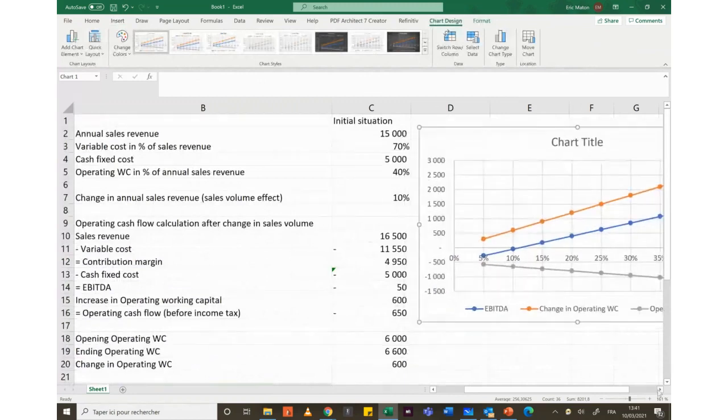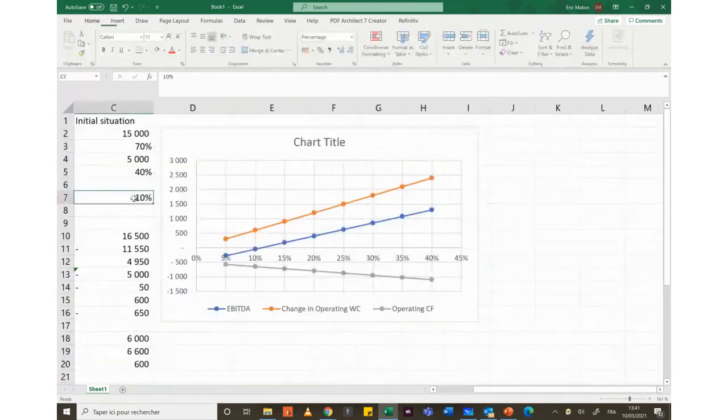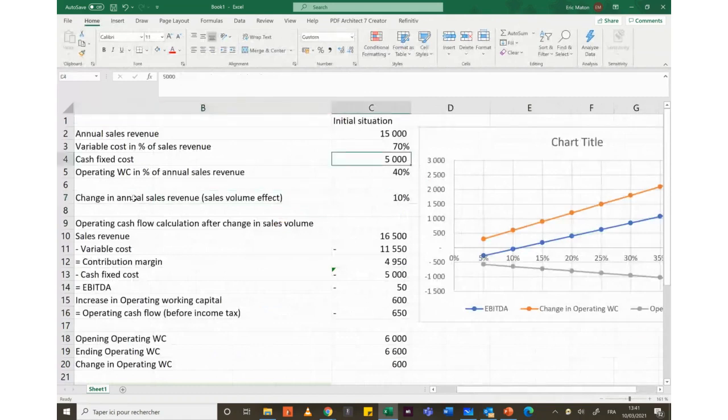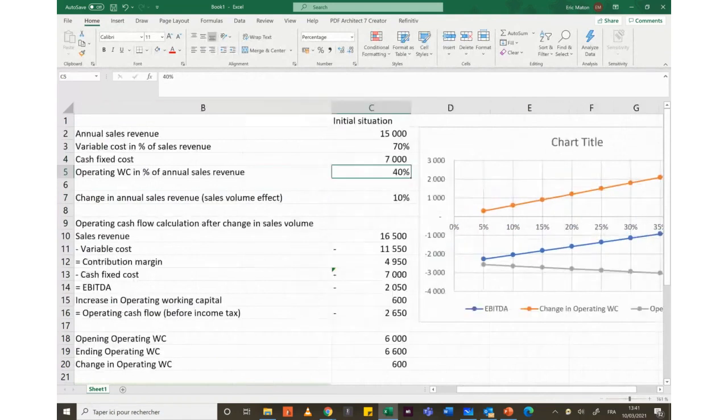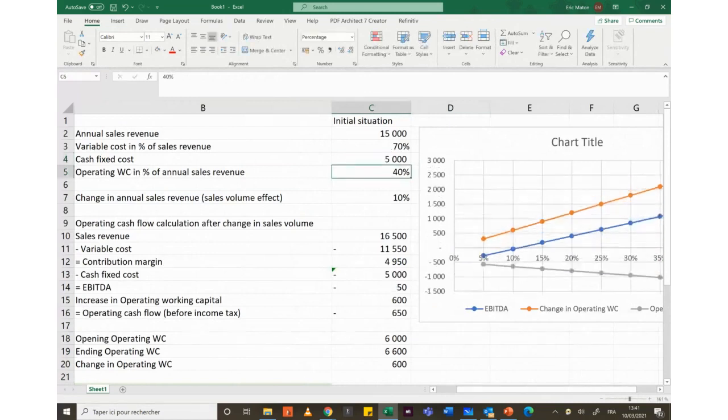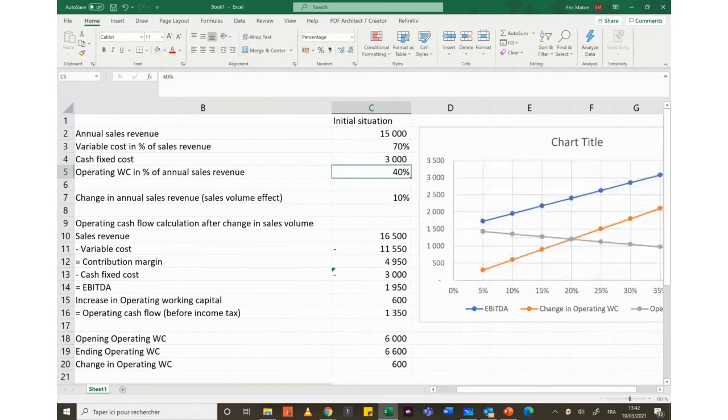So if I have, I will put more fixed cost. Here now it's this one. EBITDA is already negative. No, not from the beginning. So I put only 5,000. Okay, it's positive, and the operating is already negative. If I put only 3,000, you mean? Okay.